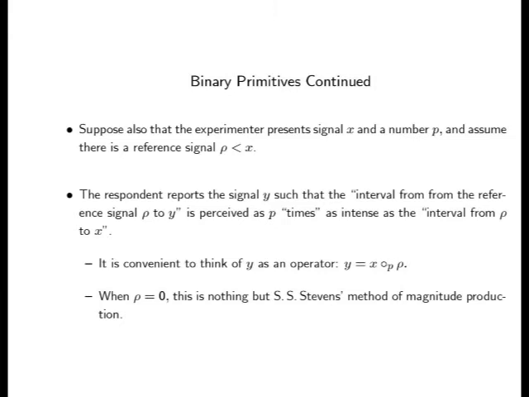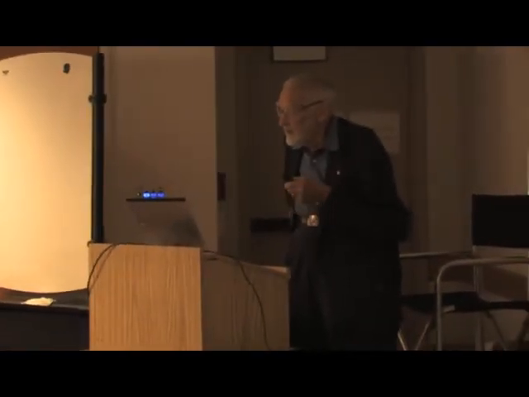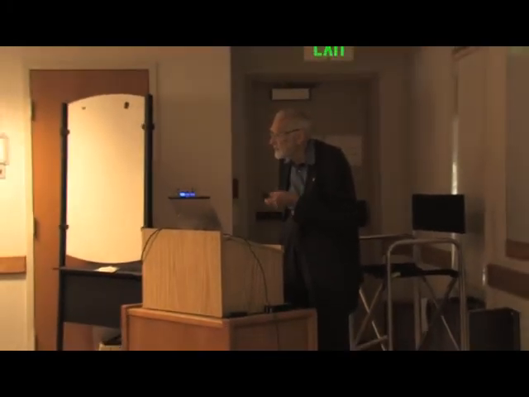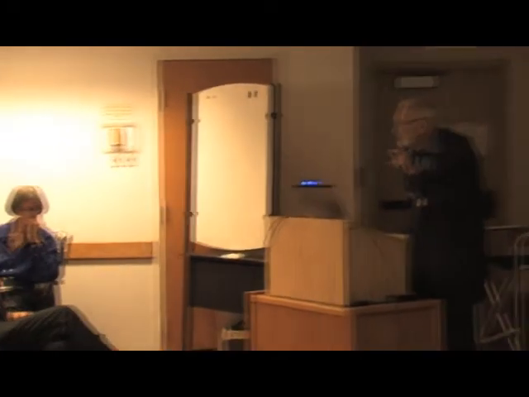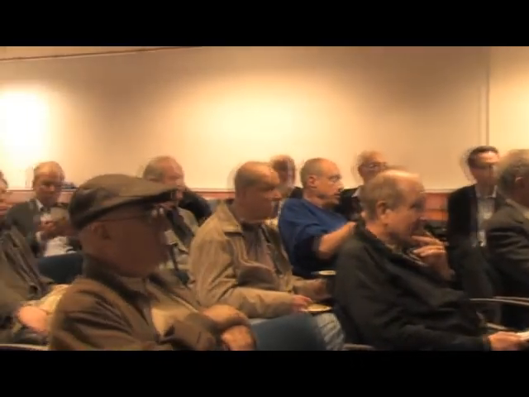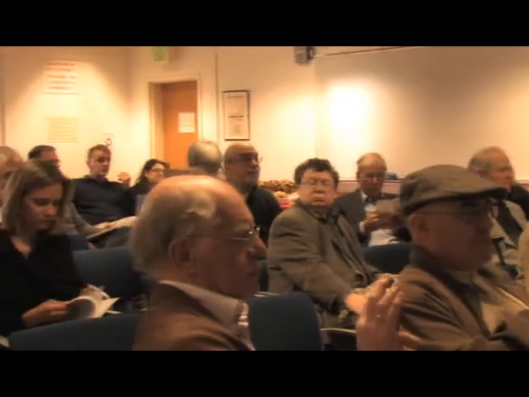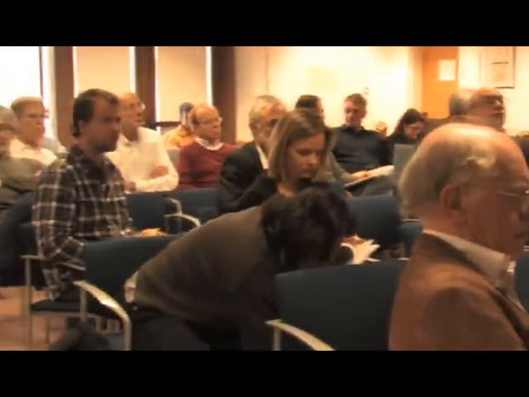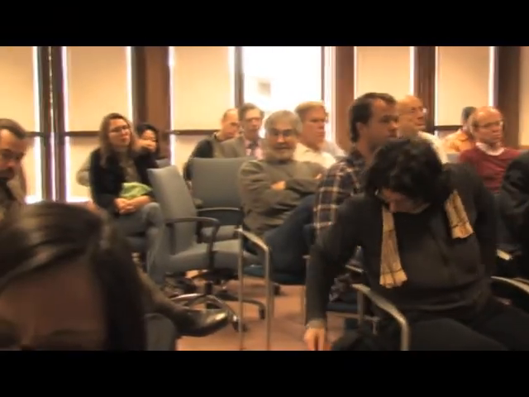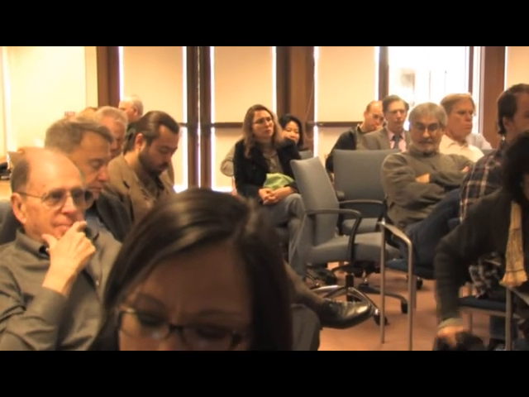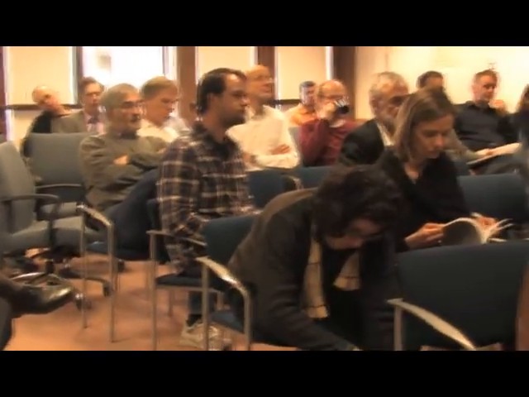And you could think of this as an operator where the respondent is producing Y as the signal that has the subjective impression that the interval from rho to Y is P times the subjective intensity from rho to X. If you set rho equals 0, this is S.S. Stevens' method of magnitude production. It's a generalization of that.